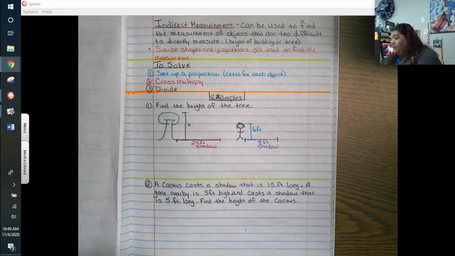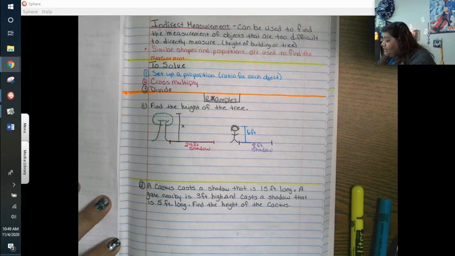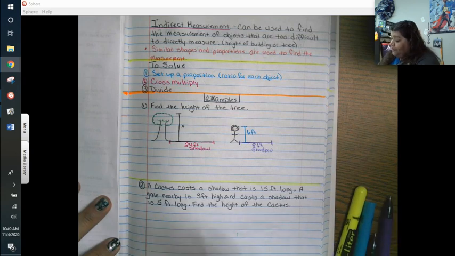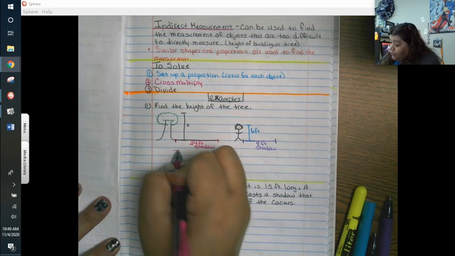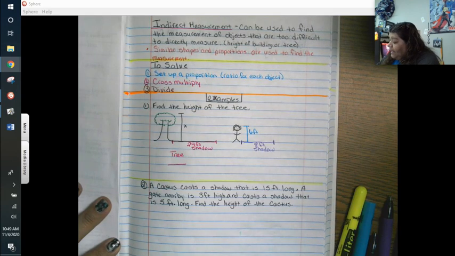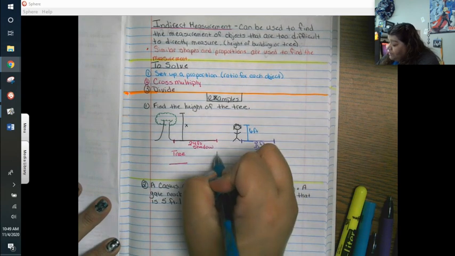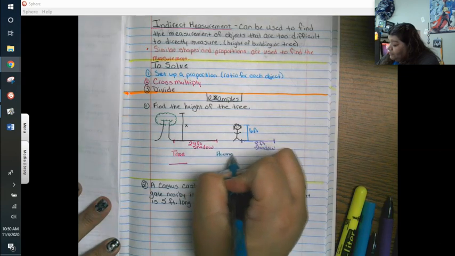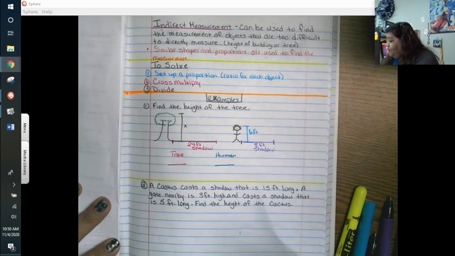So this is what we do. I'm going to have two ratios: a ratio for the tree, and a ratio for, I'm just going to call it a human. And there's his ratio.